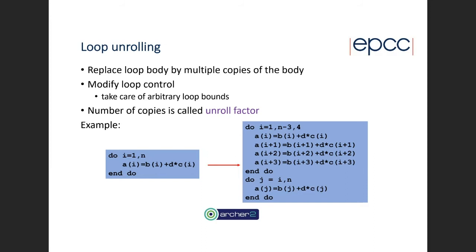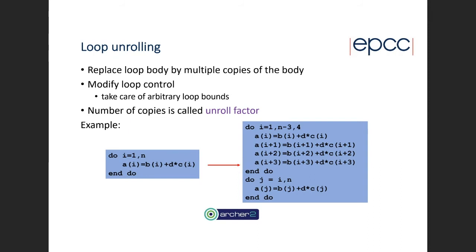And then I have to take care of the loop bounds to go in strides of 4, and then also potentially deal with the fact that n may not be divisible by 4. So I have to have a bit of normal loop at the end to take care of the remainder of iterations that are left over at the end.